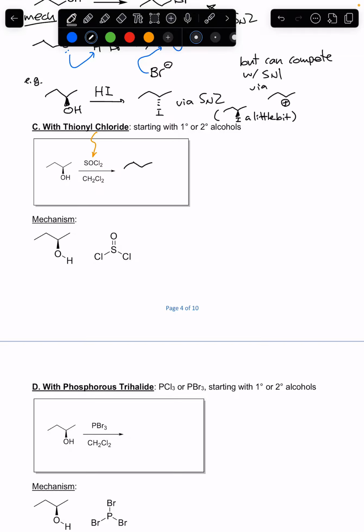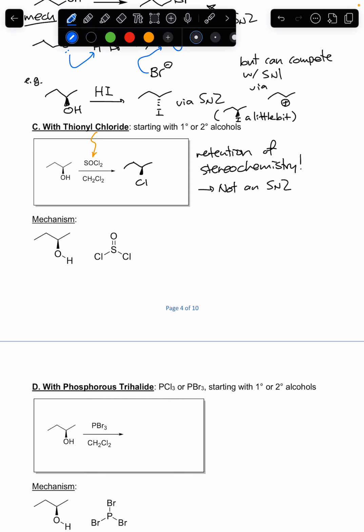Now, this is kind of interesting because you could do this with retention of stereochemistry. Which tells you that the mechanism is not an SN2 mechanism. Okay, so how does that work?